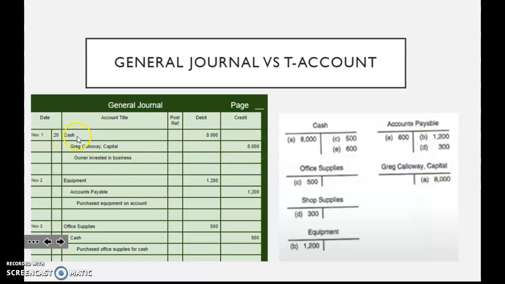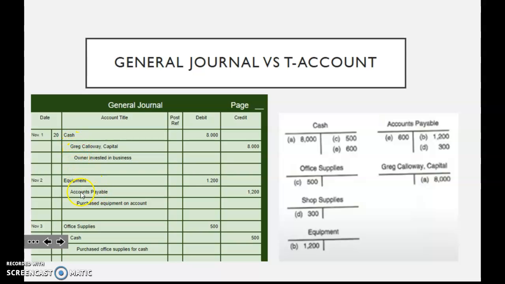And you see, you list the debit first, you list the credit second, and then you indent a little more and you put the description, which is so much easier because, remember with the T account, you don't have a description. So in this, you do. In the general journal, you do. So cash was a debit, capital was the credit, and then your description. And notice we've indented each time just to make it easier to read.